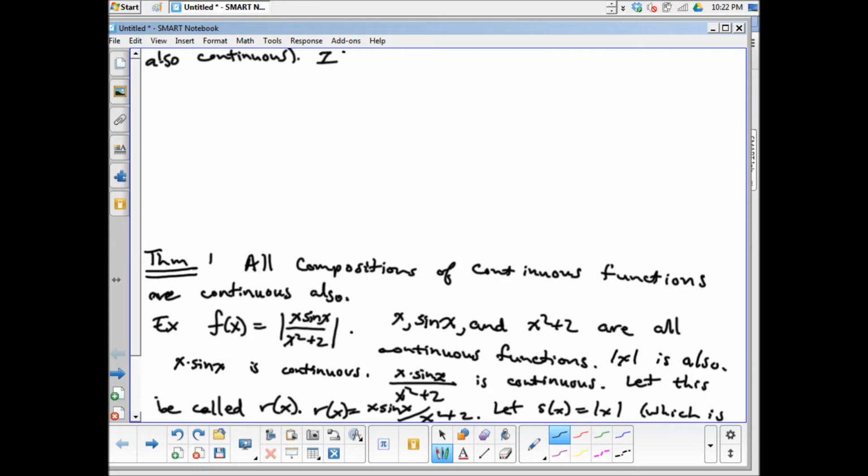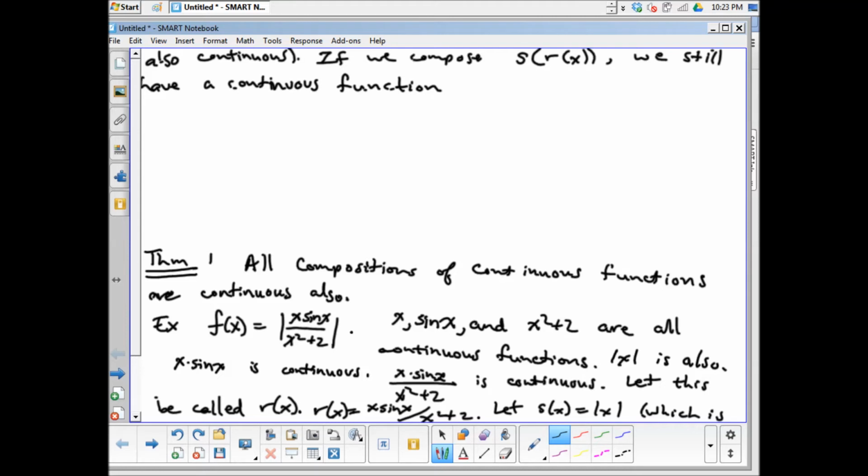If we compose s of r of x, we still have a continuous function. So s of r of x is a composition of continuous functions into the absolute value function, which is a continuous function.